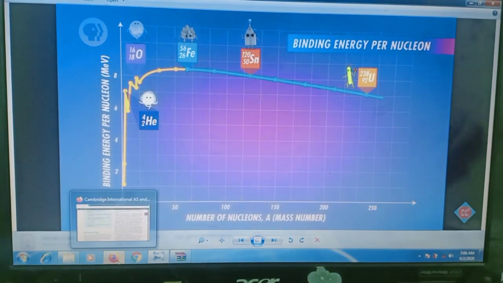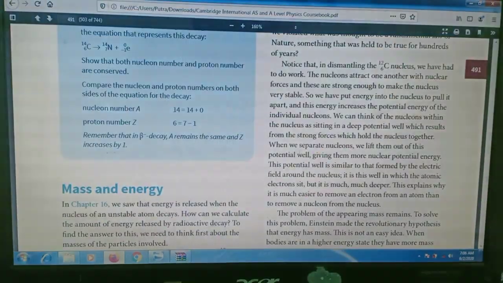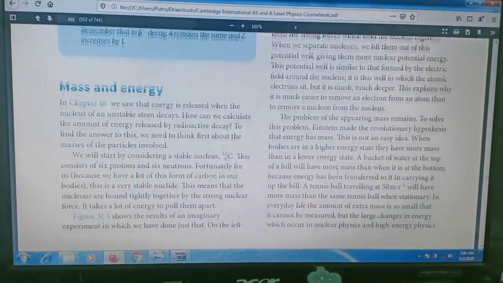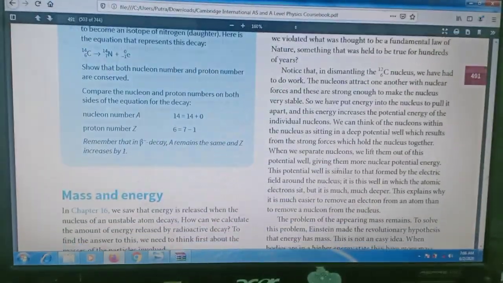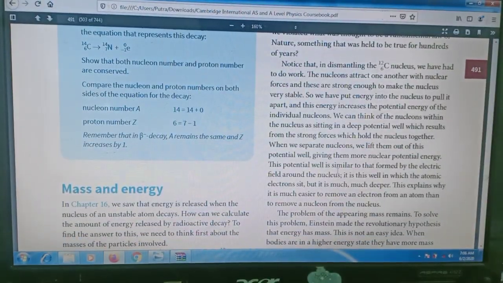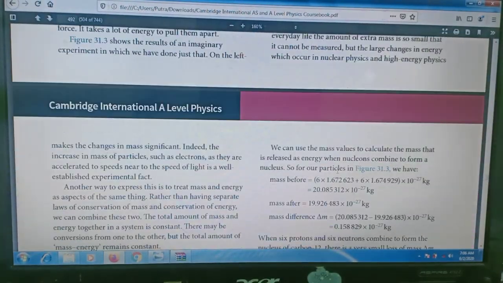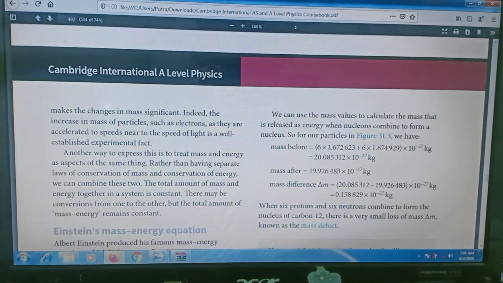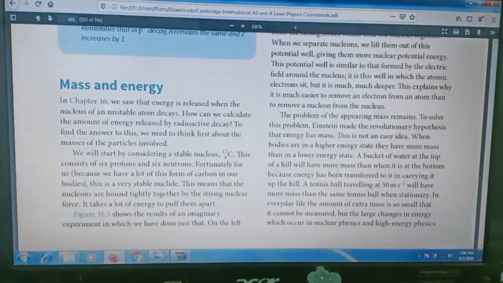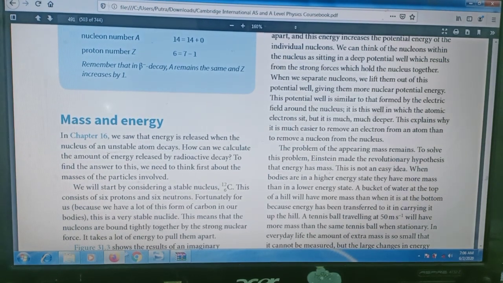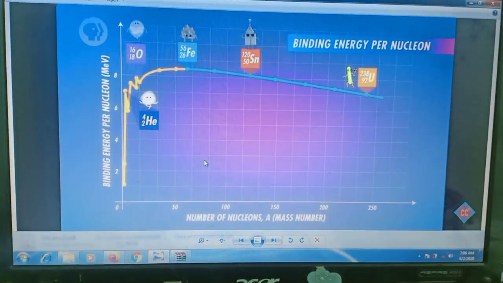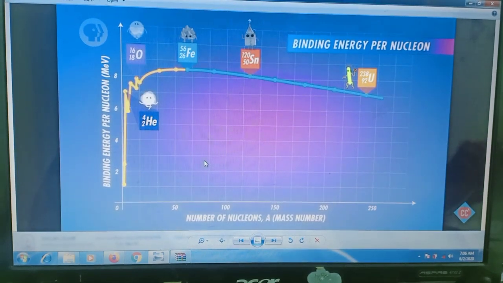So this binding energy, we can see it here. This binding energy depends on the types of the nucleons.